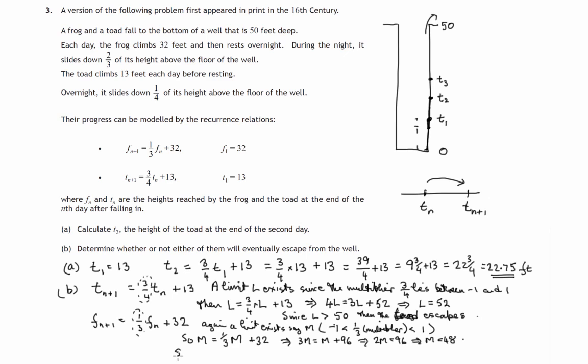And we'd say that since M is less than 50, this frog never ever gets beyond this 48 mark, so it just cannot escape from the well. So since M is less than 50, the hapless frog cannot escape.